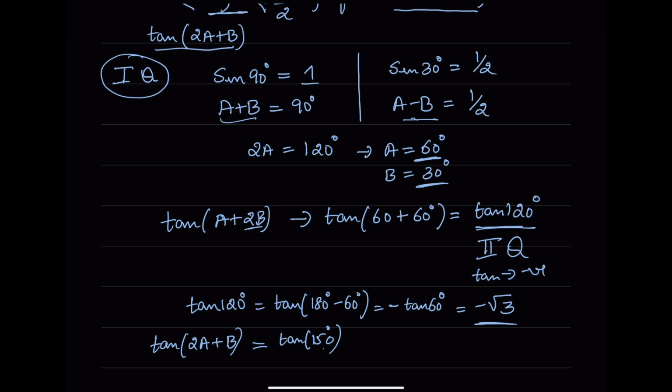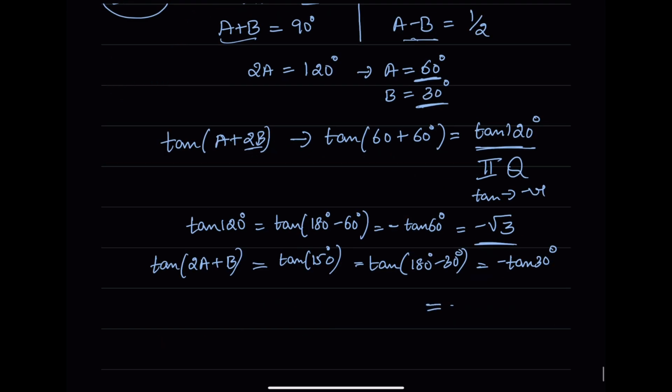This is again in the second quadrant. So this would be tan of 180 degrees minus 30. Tan is negative in the second quadrant. So this is minus tan 30. So the answer is minus 1 by square root of 3. So that is the value of tan of 150 degrees, which is nothing but tan of 2A plus B.